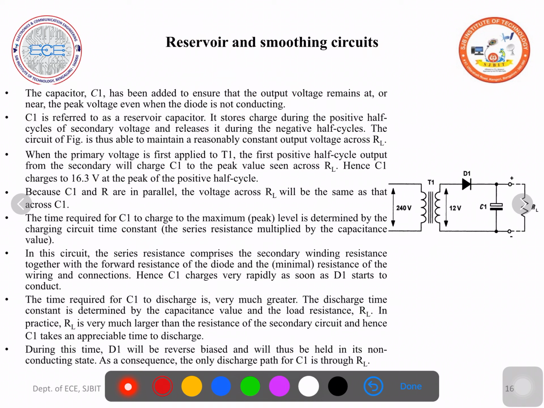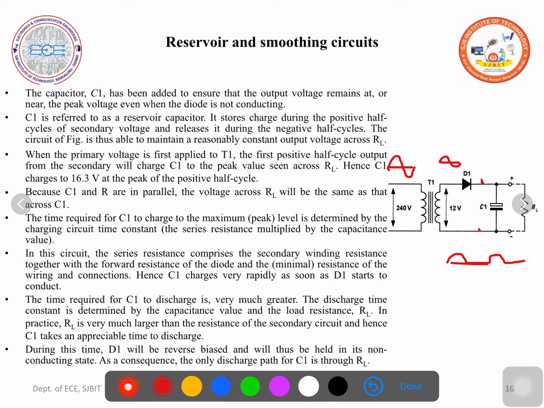Now let us move on to the reservoir and smoothing circuits. As you know, this is the input and here secondary reduced voltage. Then at the rectifier you will get pulsated DC.